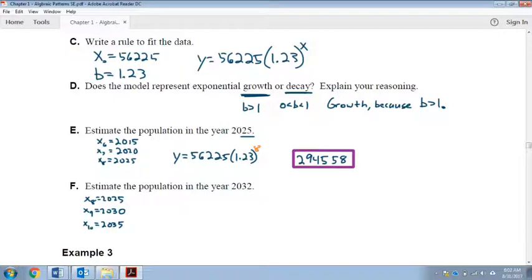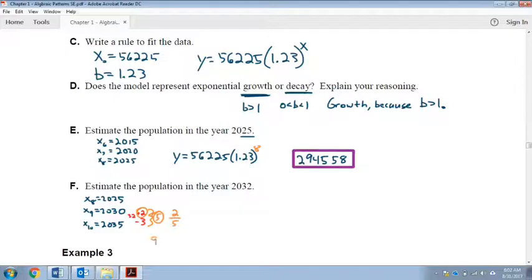32 is right there. It is 2 units from 2030, but it is 3 units short of 2035. So this is a total gap of 5 units. We are doing 2 of the 5 units that are between them, so 2/5.